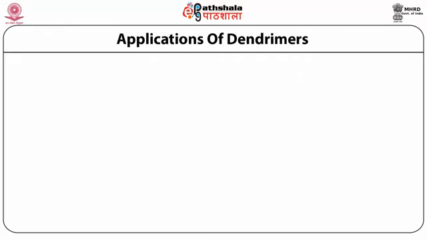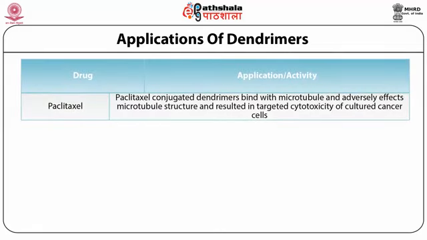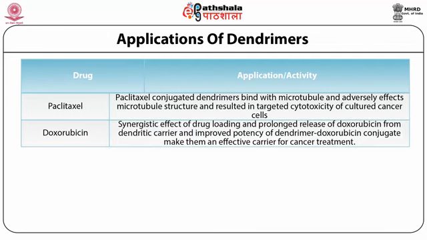Now, in this table, you can see some examples of dendrimer applications from the research literature, like paclitaxel. Paclitaxel-conjugated dendrimers bind with microtubules and adversely affect the microtubule structure, resulting in targeted cytotoxicity of cultured cancer cell lines. Doxorubicin similarly showed a synergistic effect of drug loading and prolonged release from the dendritic carrier, which improved the potency of the dendrimer-doxorubicin conjugate and makes it an effective carrier for cancer treatment.